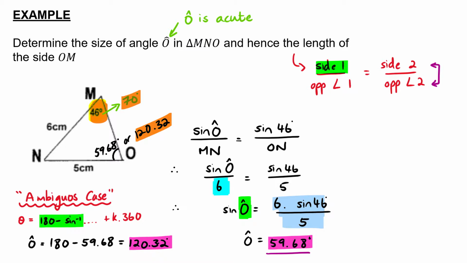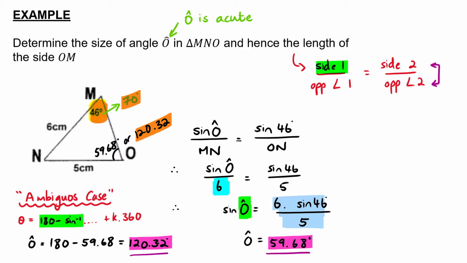If they say O is obtuse, then you will use the bigger value. Or alternatively, you may need to go and check your angles of a triangle to see whether or not you will be able to fit both angles in and still get 180 degrees from angles of a triangle.